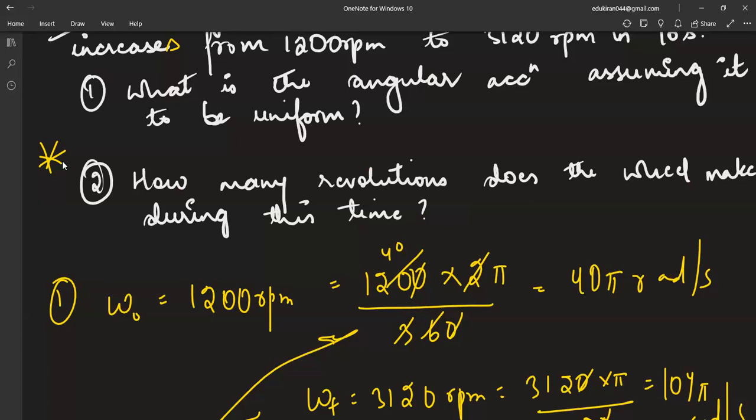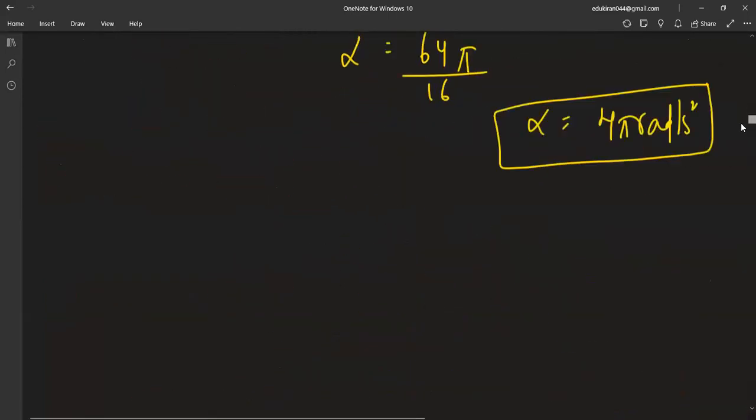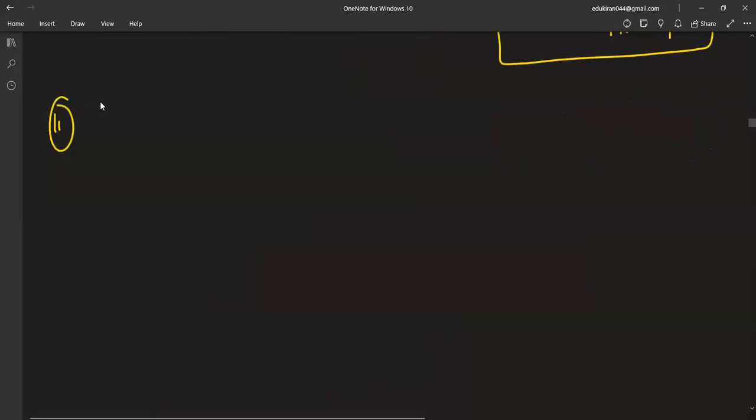How many revolutions does the wheel make during this time? See, what is the number of radians? What is the angular displacement that is coming here? Theta is equal to omega naught t plus half alpha t square. Okay, class.